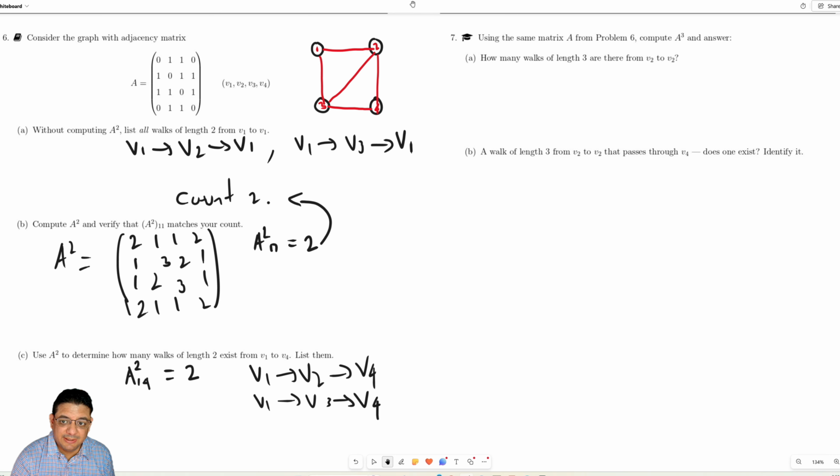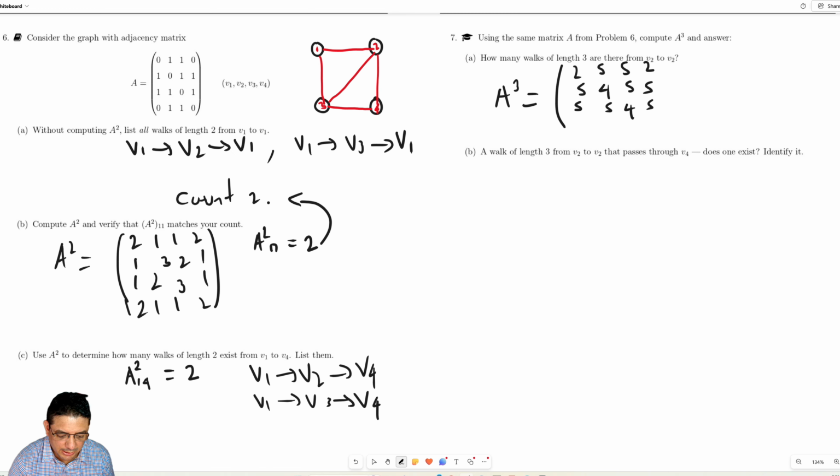So we're going to take the same matrix and multiply it, and I'm going to get A cubed. If I get A cubed here, I'm going to get 2, 5, 5, 2, 5, 4, and then 5, 5, 5, 5, 4, 5, and 2, 5, 5, 2.